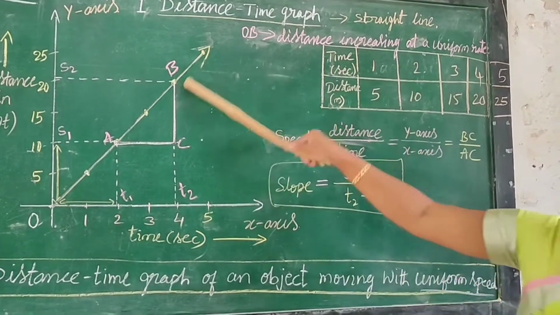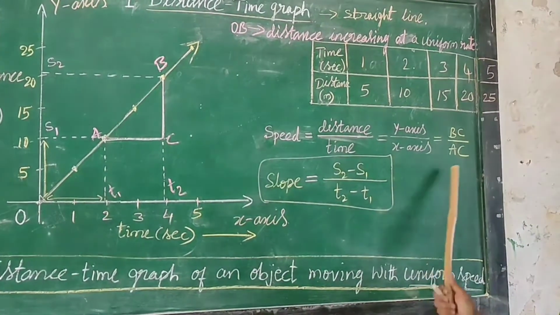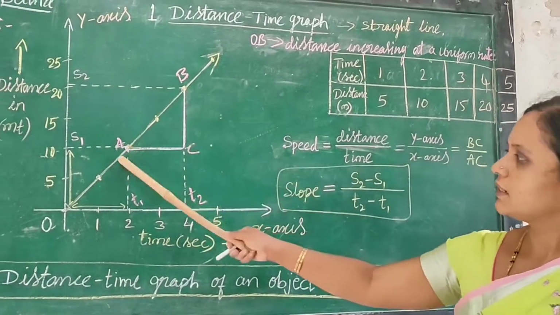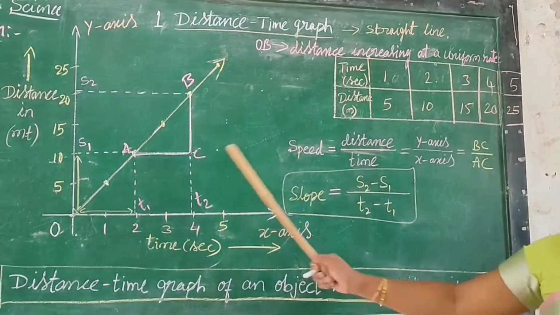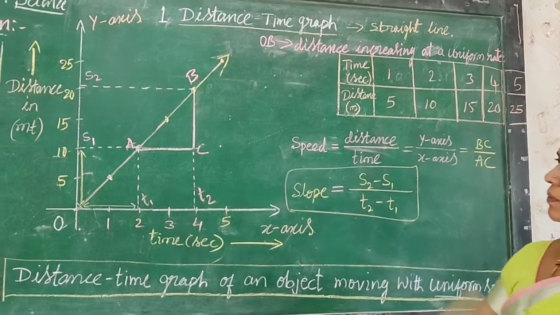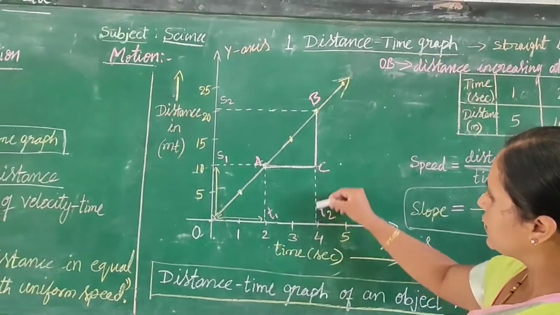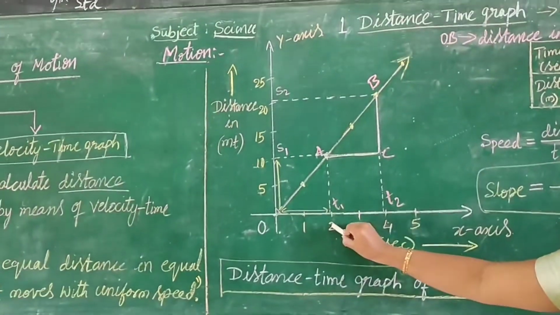Distance is on the y-axis and time is on the x-axis. Now I want to find the slope of this line AB. That is the speed. How to find the slope? Students, now I find the slope. Now I want to draw a perpendicular from C to the x-axis and A to the x-axis.